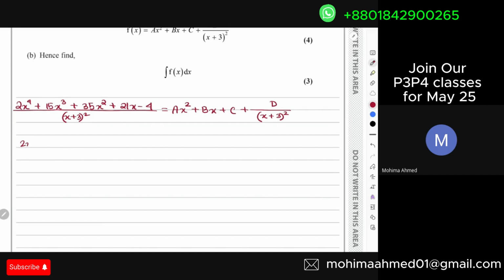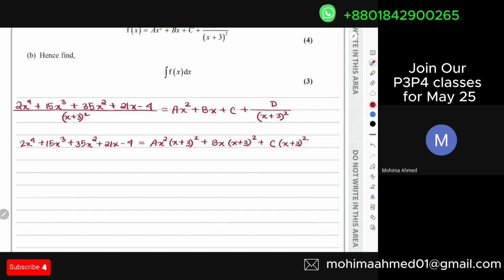So the equation would look like 2x power 4, 15x power 3, then 35x power 2, then 21x minus 4. And after this, we have ax square, x plus 3 whole square, and then bx, x plus 3 whole square, and then c, x plus 3 whole square.